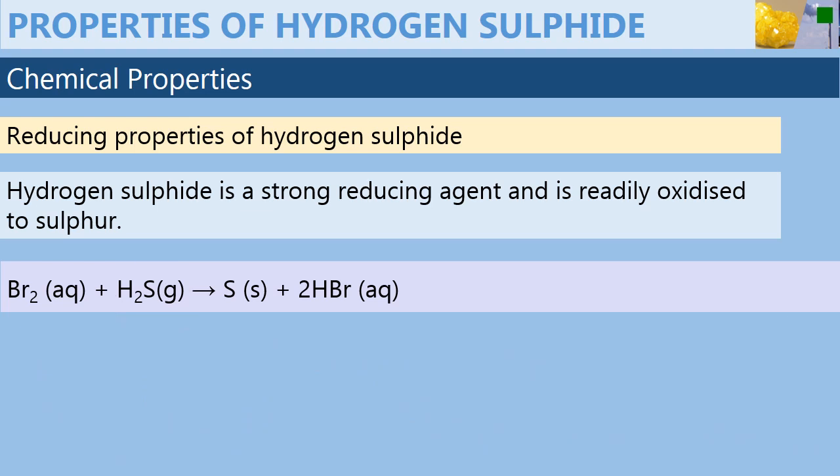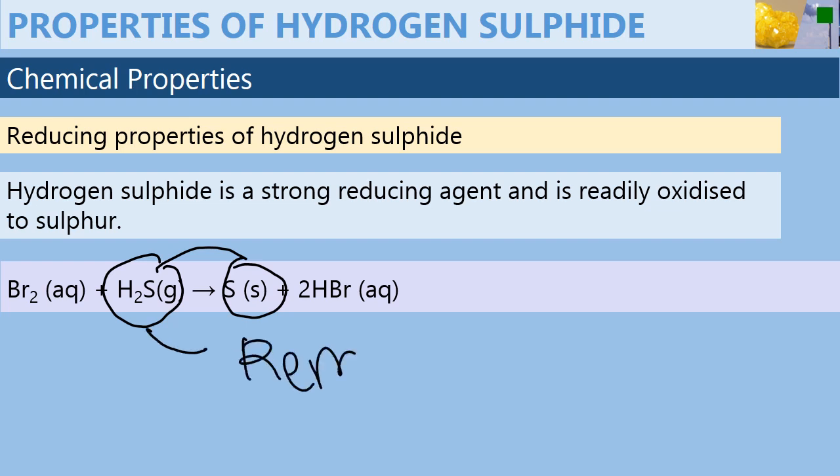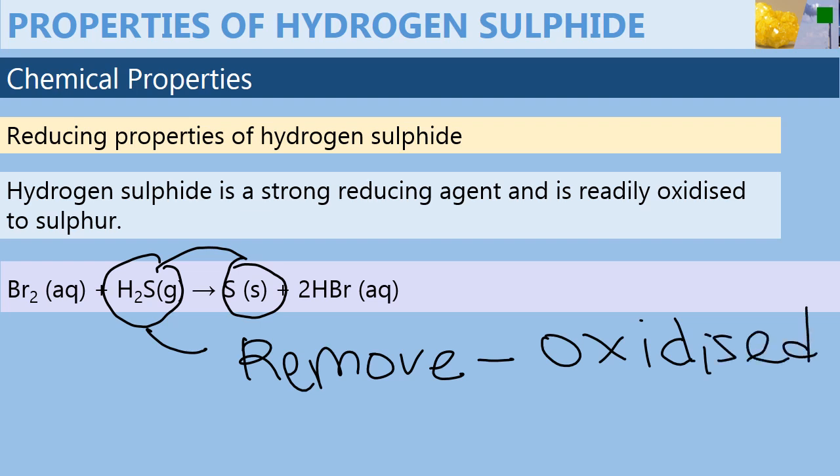Since hydrogen sulfide contains hydrogen, and in the product side sulfur does not contain hydrogen, therefore hydrogen has been removed from hydrogen sulfide. That means hydrogen sulfide has been oxidized. Which would follow that bromine water is reduced.